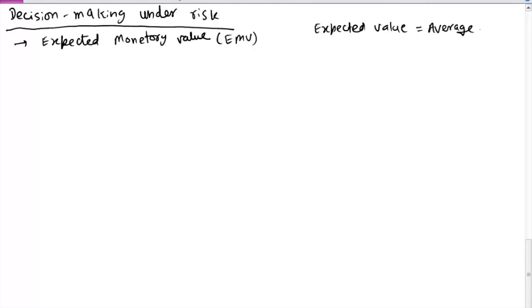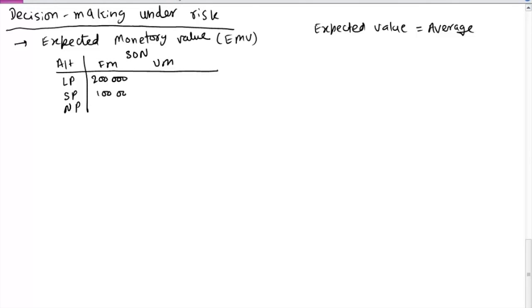The only thing is in earlier example also we calculated expected value or average using weighted averages. But basically we are calculating the average when we talk about expected value. So we have these alternatives and our state of nature. So we are using the same example and same data.